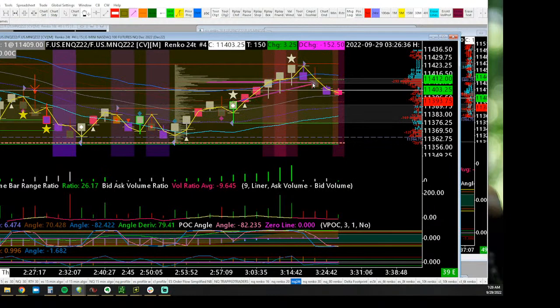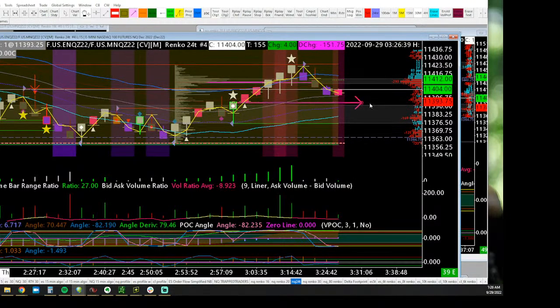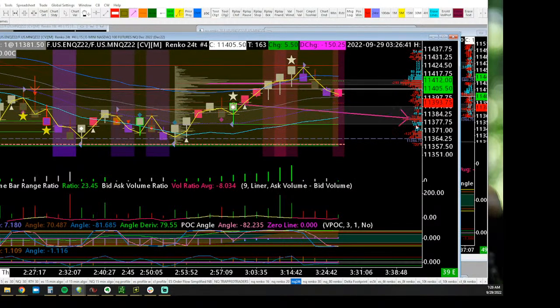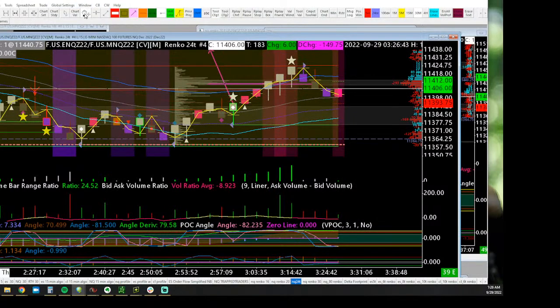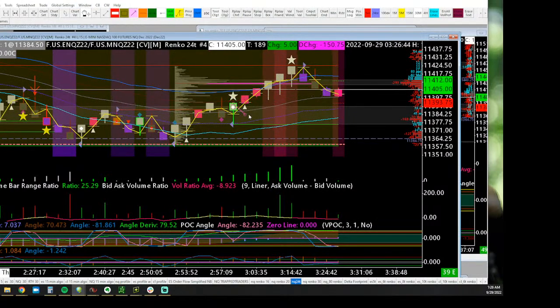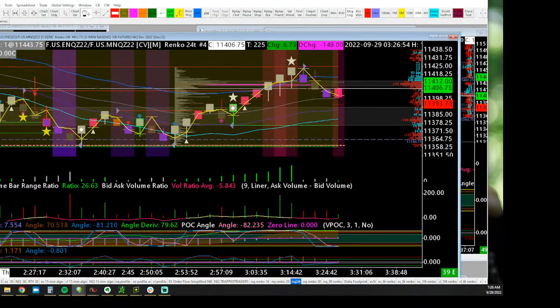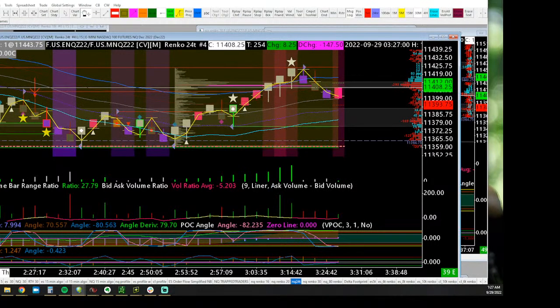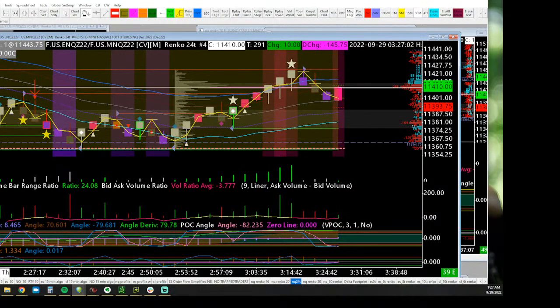So I want to see them get under this, put some volume in here, try to go higher, and then fail. That's what I would want to see to get short. Otherwise, like I said before, if I can get a setup that's long down here, that would make sense to me. And if I don't get that, I will just wait until we move away from this fair pricing area where price can actually go back and forth quite easily. I'll just wait till it leaves, right?